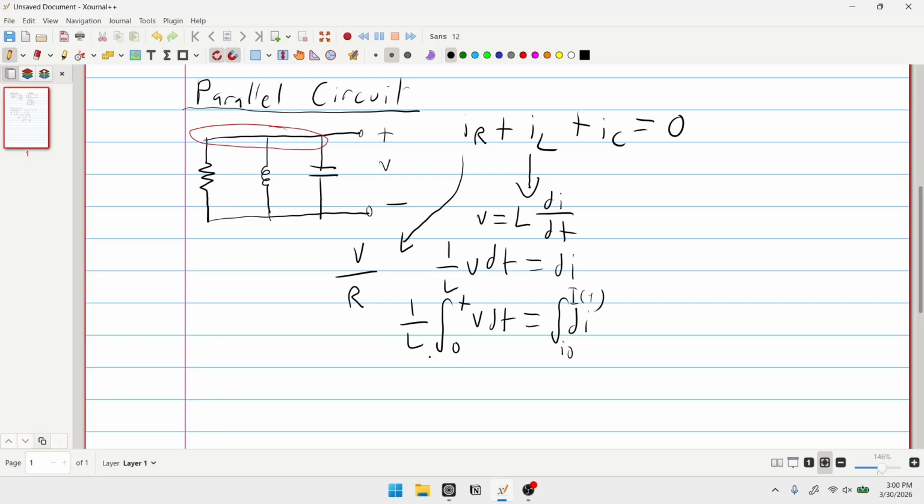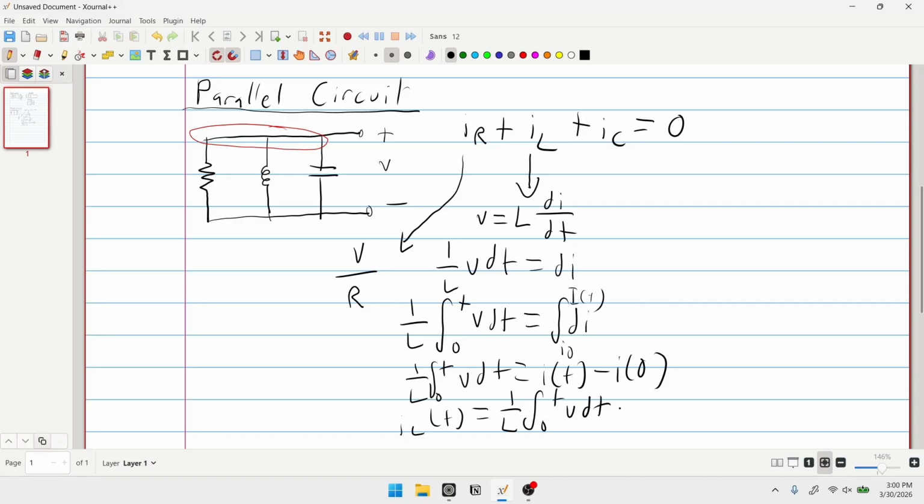So integrating, we get 1 over L, integral from 0 to t of V dt equals I of t minus I initial. And so that would get us I_L of t equals 1 over L, integral from 0 to t of V dt, plus I initial, I of 0, the starting current through it. There, let me add that.